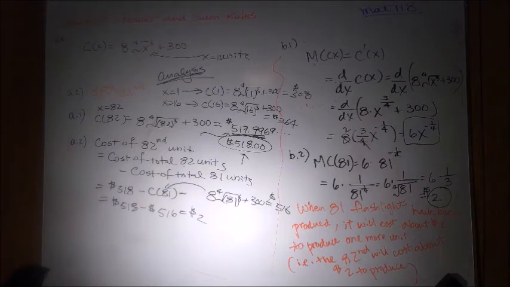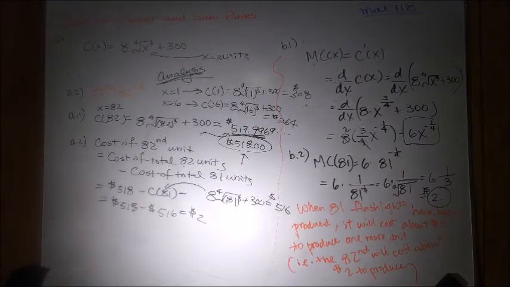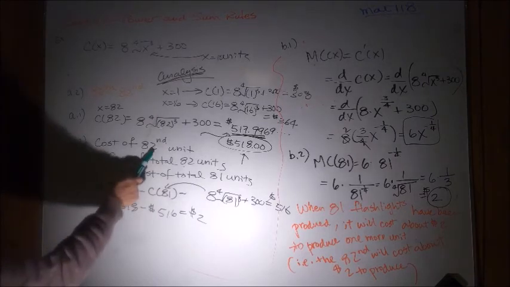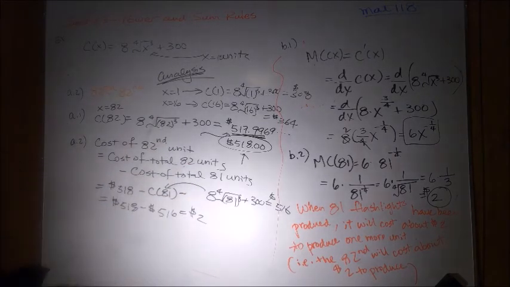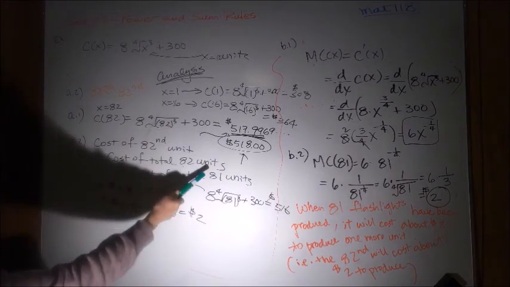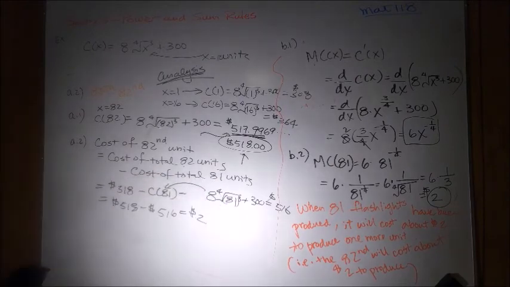At the same time, just from the concept of the cost function, if we want to find the 82nd unit, then of course all you have to do is total 82 units minus the total 81 units.